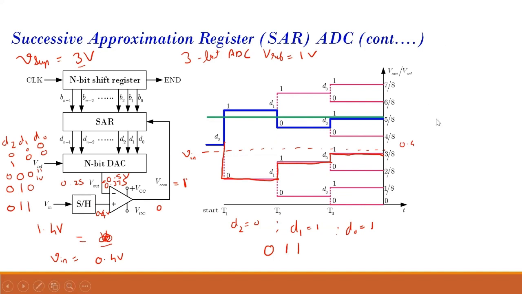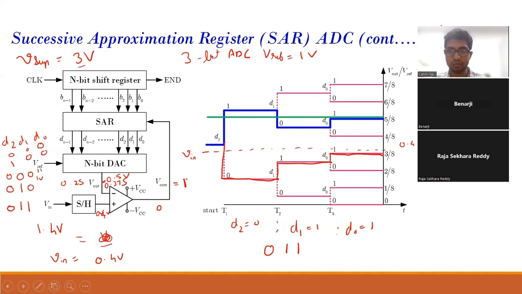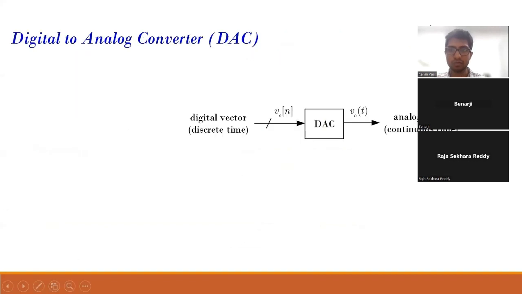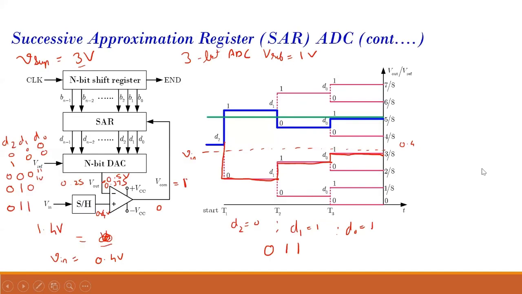Won't the next bit of the MSB be set if the MSB is reset? Are there any doubts in this?